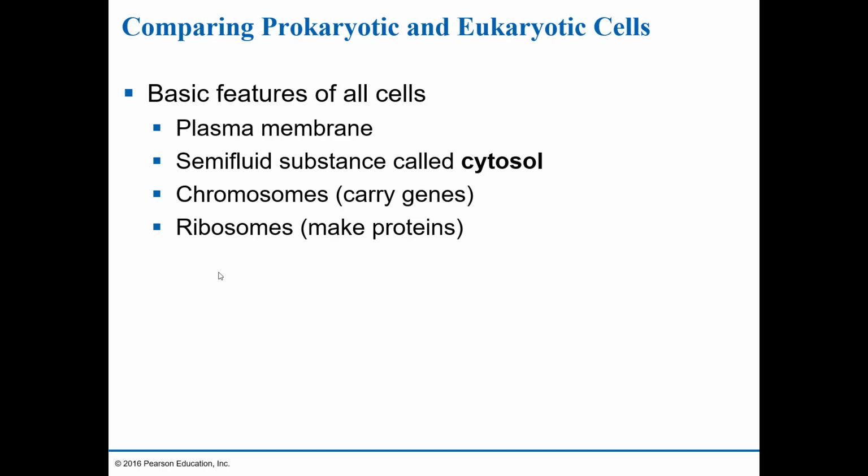The basic features that all cells have: they have a plasma membrane, they have a semi-fluid substance called a cytosol, they have chromosomes, and they have ribosomes. The plasma membrane is what encases the entire cell so that the guts don't spill out. The cytosol is sometimes called the matrix or the intracellular matrix.